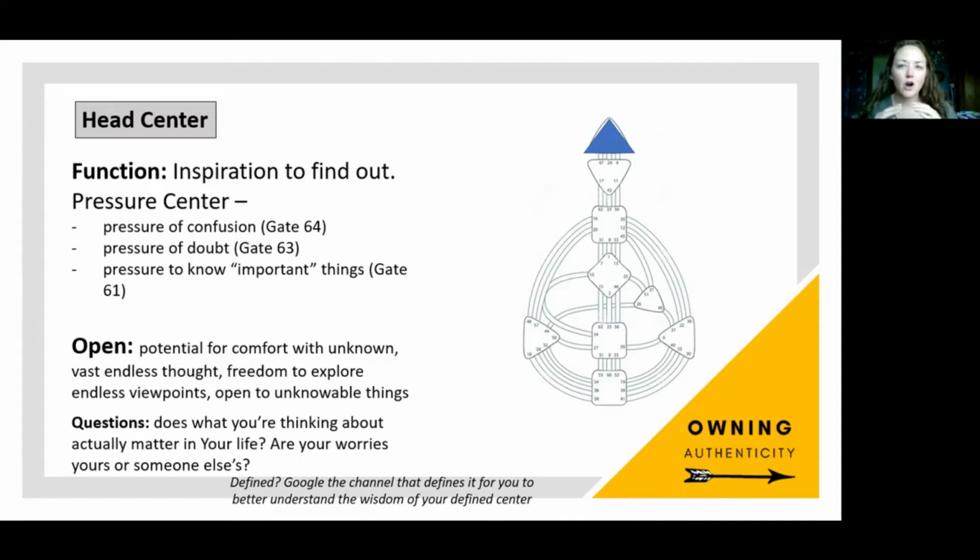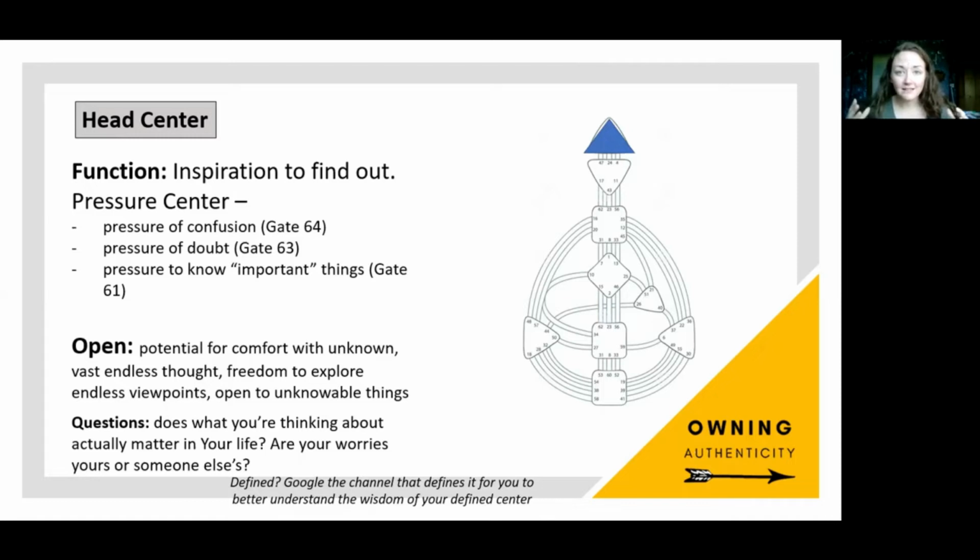But the ajna center all by itself is like a lawnmower parked in the garage. Whose yard do you want to mow? That's the function of the head center, deciding which thoughts, which questions, which things we want to get to the bottom of. Which things do we care about figuring out? And once we care about something, once we have a question, the ajna center kicks in and answers it for us.